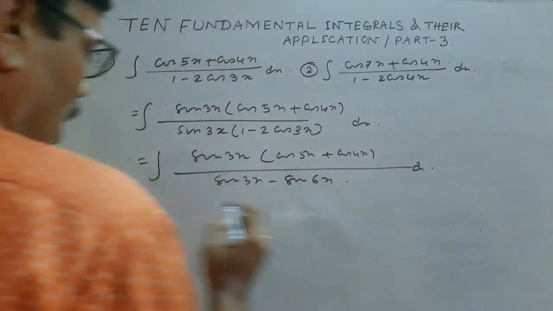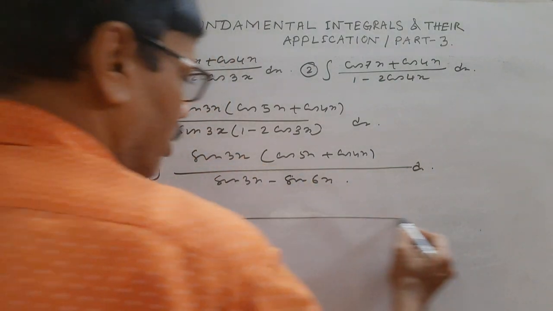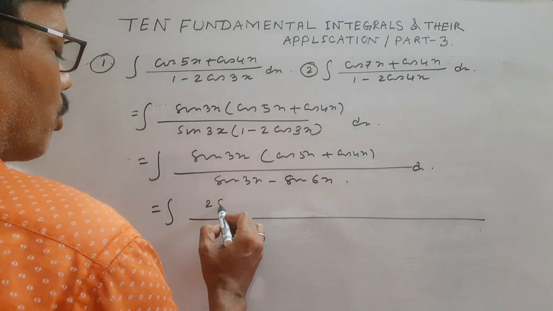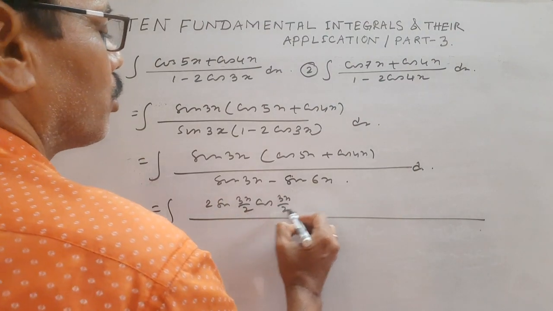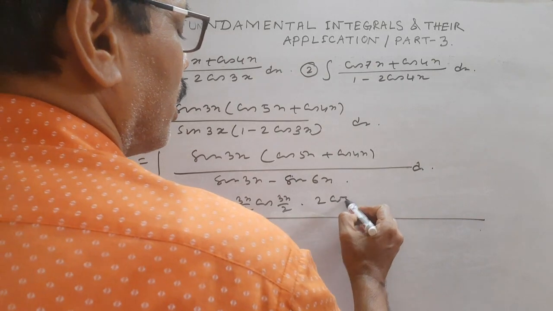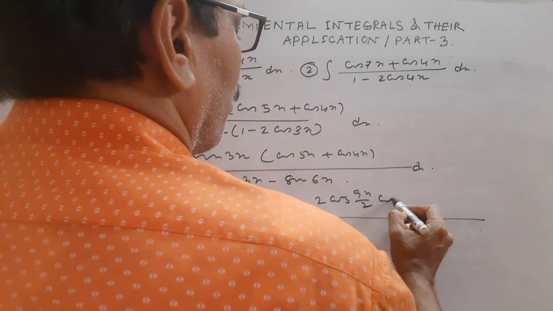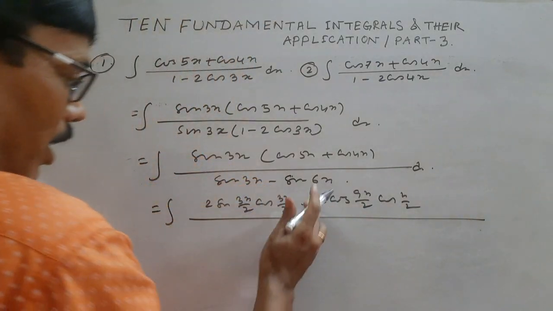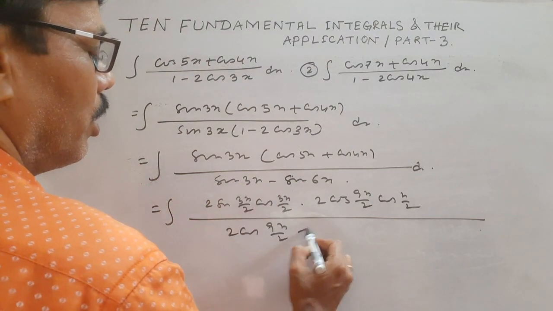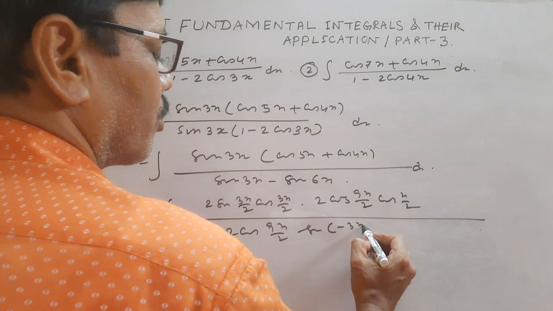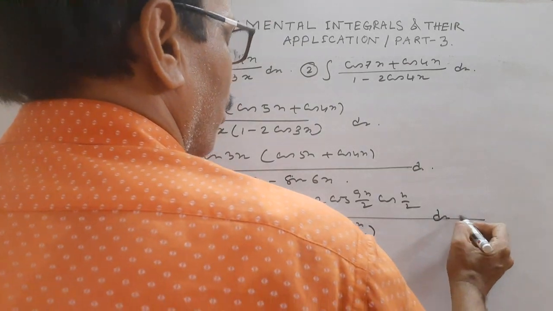Next step, our main aim is to cancel the denominator. So sin 3x is 2 sin 3x by 2 cos 3x by 2, and 2 cos 9x by 2 into cos x by 2. Sin c minus sin d: 2 cos 9x by 2 into sin minus 3x by 2 dx.